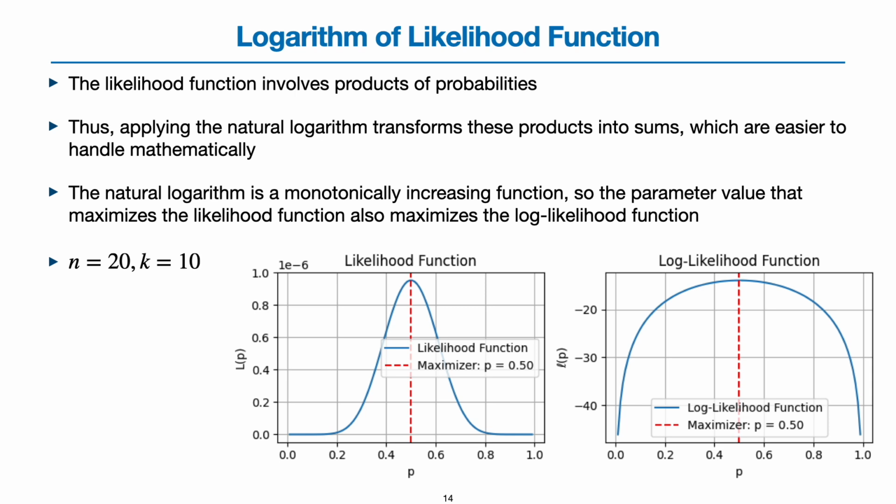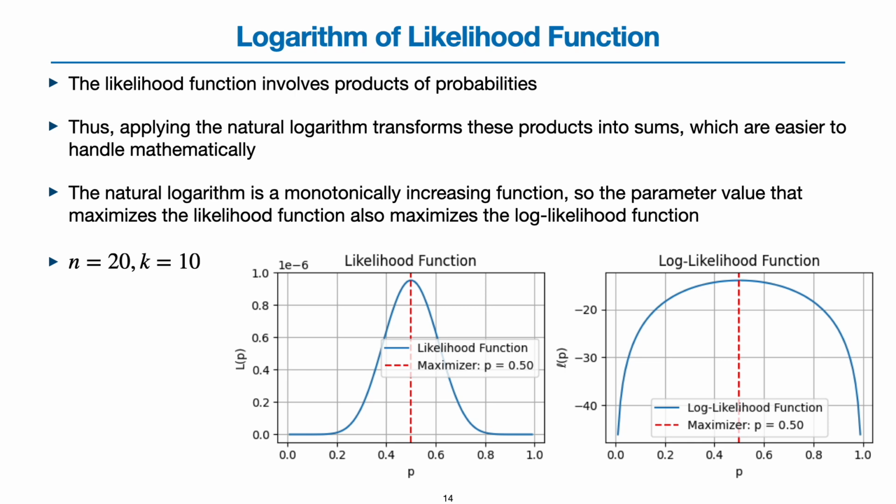But a very nice trick that we can use is that once you find the likelihood function, you can take the logarithm of that function. And since the logarithm is a monotonically increasing function, the parameter that maximizes the likelihood function does not change, right? So you can see here on the right-hand side, I take the logarithm of what we have on the left side.